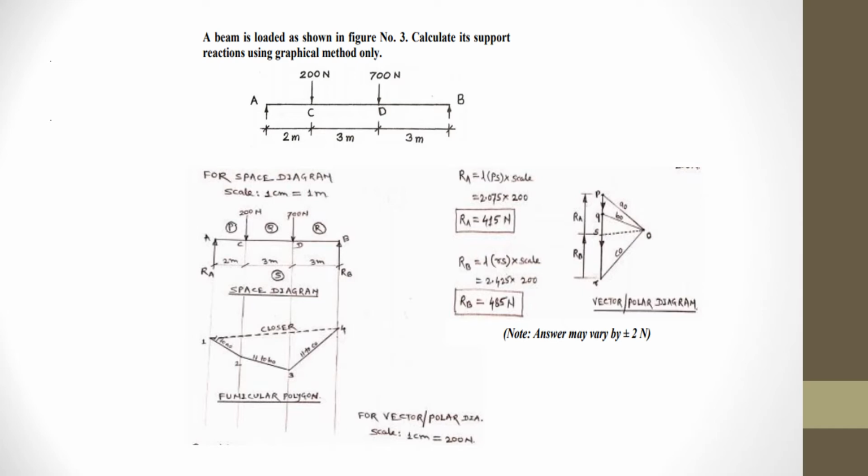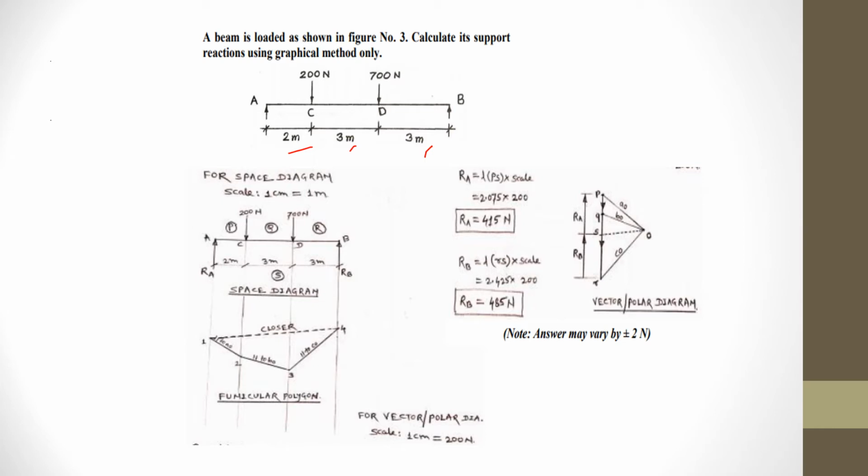At point D there is also point load 700 Newton and distance is given between points. Now we will use graphical method for this. So for this, we will take scale 1 centimeter is equal to 1 meter because here 2 meter, 3 meter and 3 meter is given.